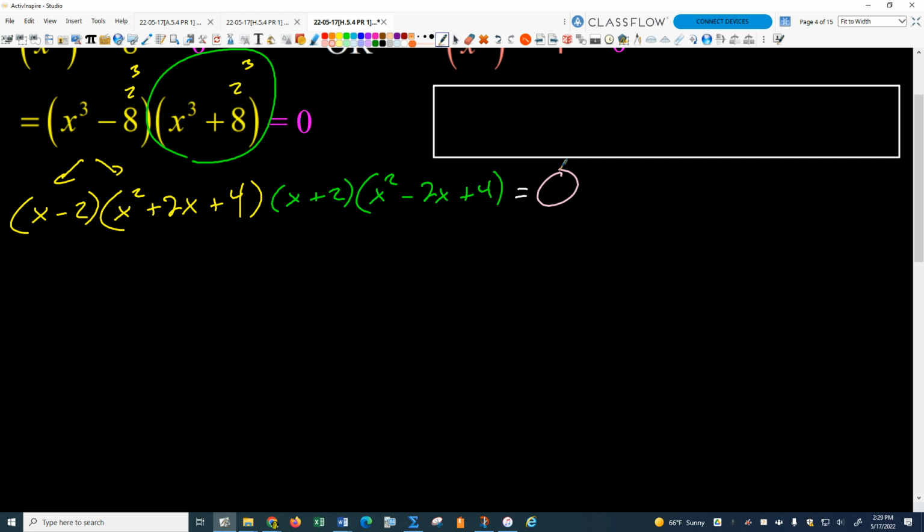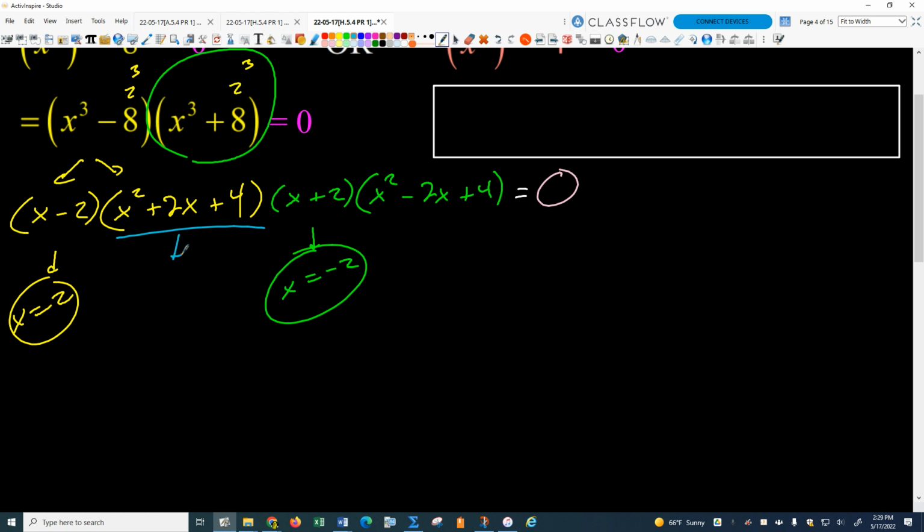So the 2 real ones would be x equals 2 or x equals negative 2, right? If I want to find these, I've got to set that factor equal to 0 and solve using the quadratic formula again, right? So let's do that one.